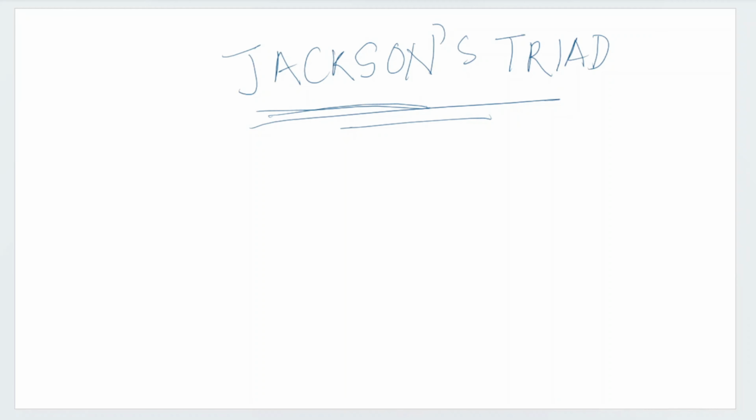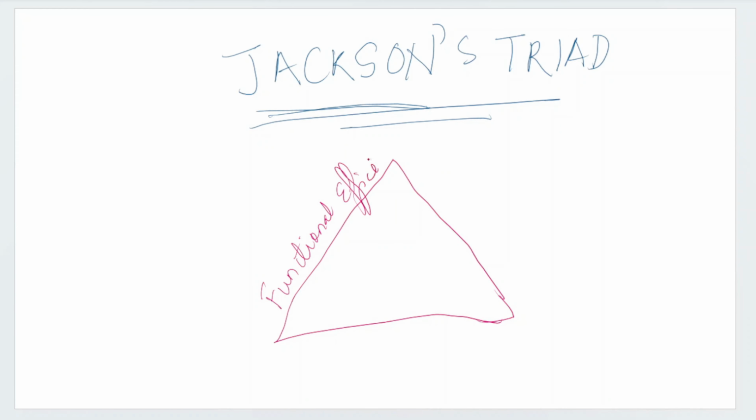So we have to understand what is Jackson's triad. Make a triad. A triad is a triangle. So first you will put functional efficiency. Second is structural balance.